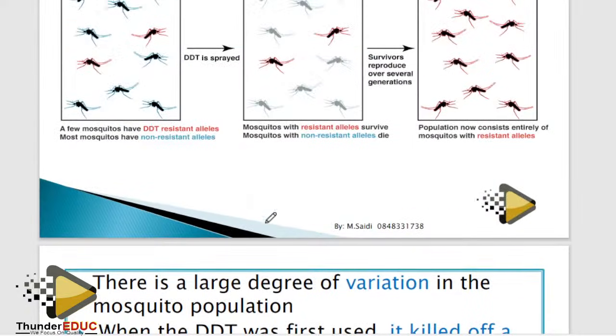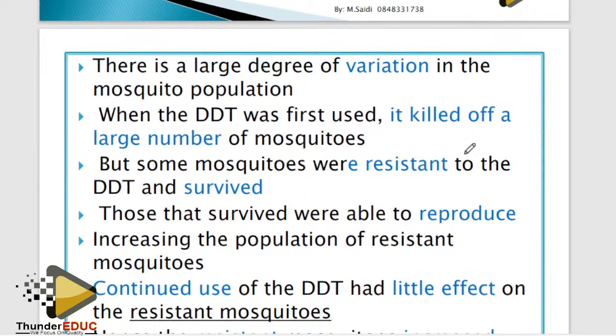How did the mosquitoes become resistant, or any example they bring? You talk about the variation among the mosquitoes, bacteria, or virus: those which are resistant and those which are not. When DDT is applied, those which are not resistant are killed in large numbers, while those which are resistant survive in large numbers.